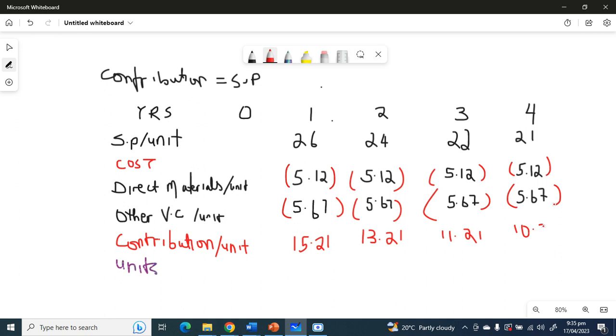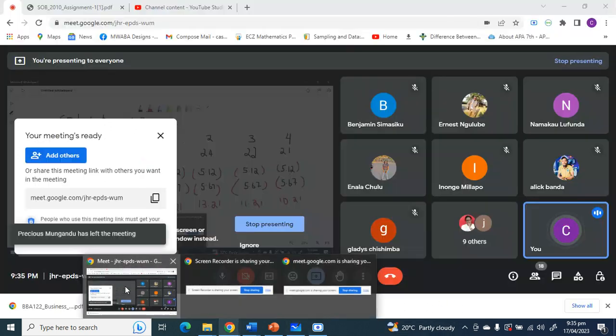Now, the next thing I want to tabulate is our total contribution. After we find out our total contribution, we'll deduct from it any fixed costs that the company is going to incur. All right. So the first thing that we do, we list the units we expect to produce.